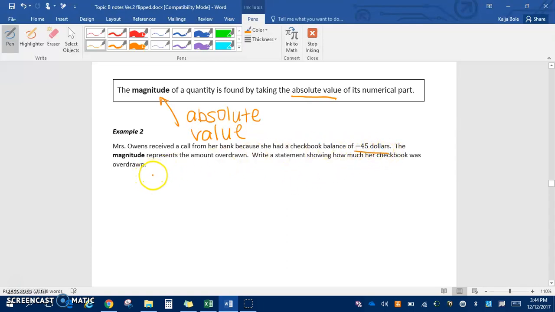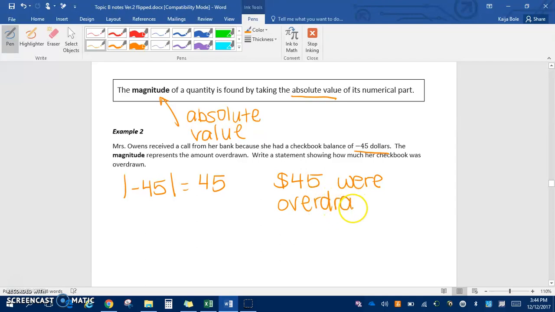The magnitude represents the amount overdrawn. Write a statement showing how much her checkbook was overdrawn. Magnitude means we're taking the absolute value, so the absolute value of negative 45 would just be 45. To answer the question, we would say that $45 were overdrawn, because we never really talk about negative dollar amounts.